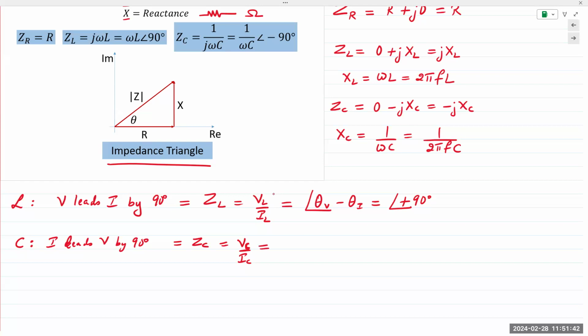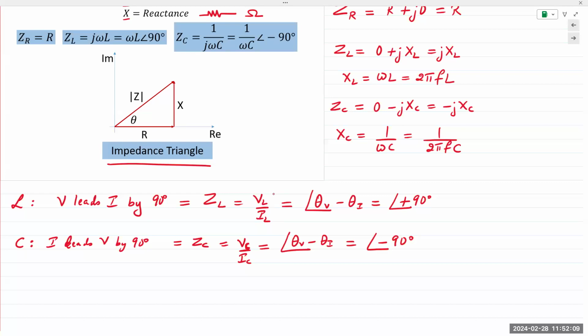And if it's VC over IC, it's theta V minus theta I again. But this time, the current for the capacitor is ahead, meaning the voltage lags the current by 90 degrees. So it turns out to be minus 90 degrees.